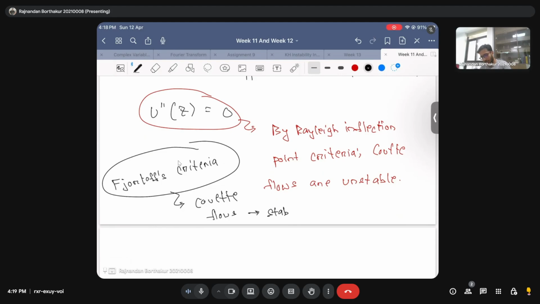Which means that if you add perturbations to a given base flow which bears the signature of a Couette flow, you will see that the perturbations will eventually die down.